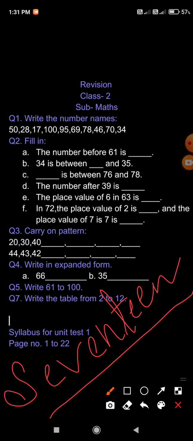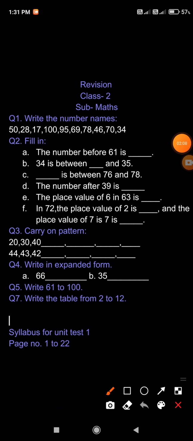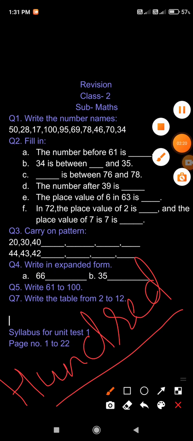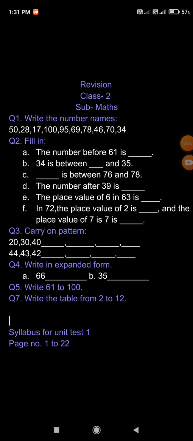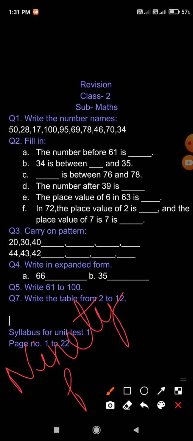Now next is 100. Write the spelling of 100, H-U-N-D-R-E-D, 100. Next one is 95. Write the spelling of 95, N-I-N-E-T-Y, 95, F-I-V-E, 5.